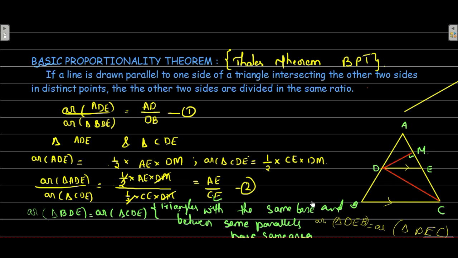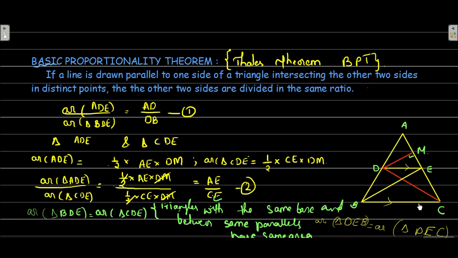But as you can see here, placing this back, consider the triangles BDE and CDE, these two triangles. These two triangles have the same base DE and are lying between the same parallels DE and BC.